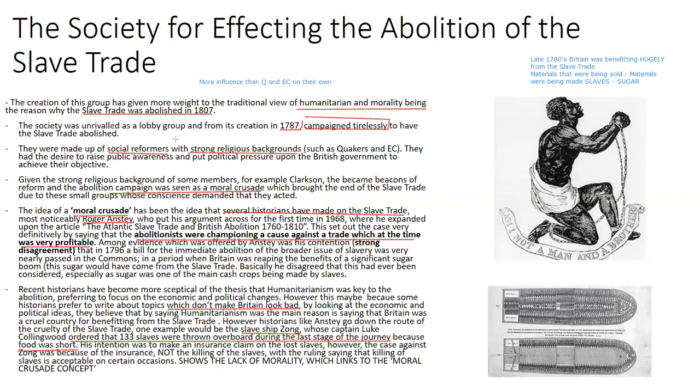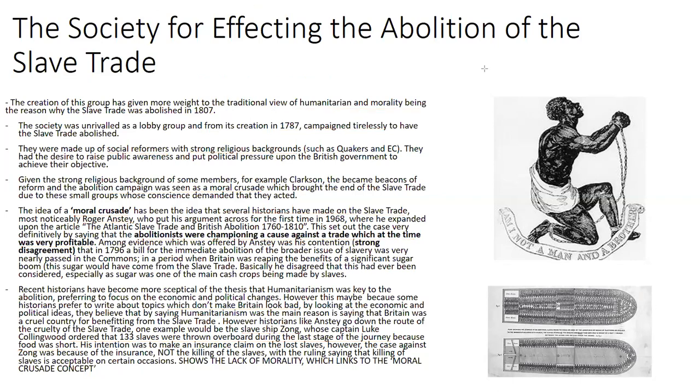The case of the slave ship Zong shows the lack of morality which links to the moral crusade concept, and historians such as Anstey use the moral crusade argument to say that if it wasn't for humanitarianism using moral crusade, it may never have been abolished. So this group, the Society for Effecting the Abolition of the Slave Trade, were very important to the overall abolition because of their use of the moral crusade concept.